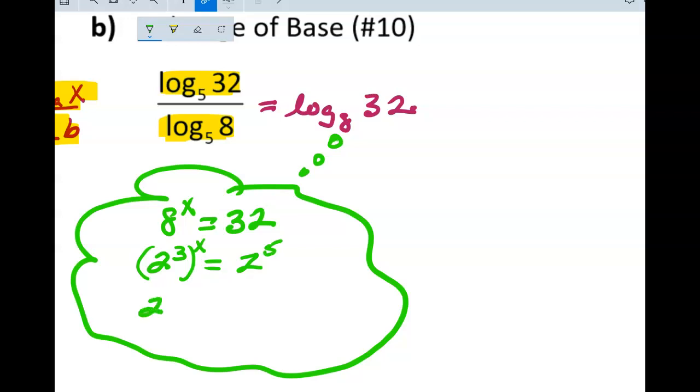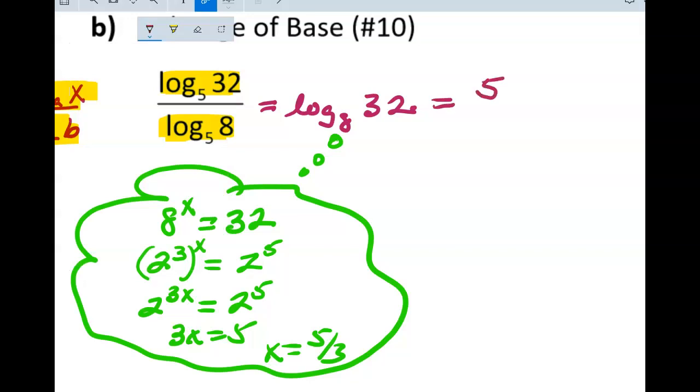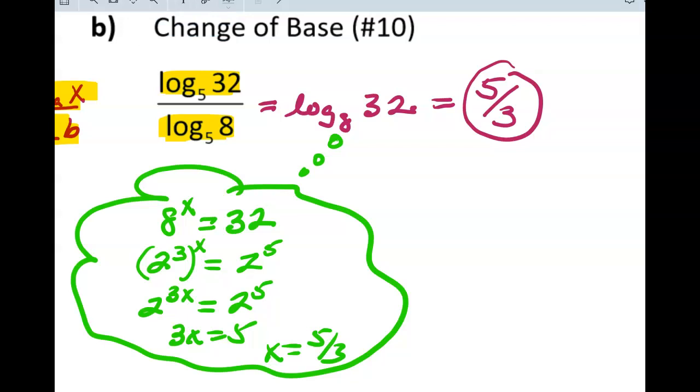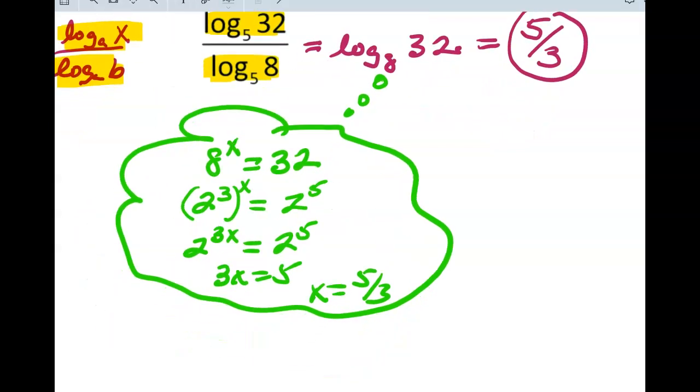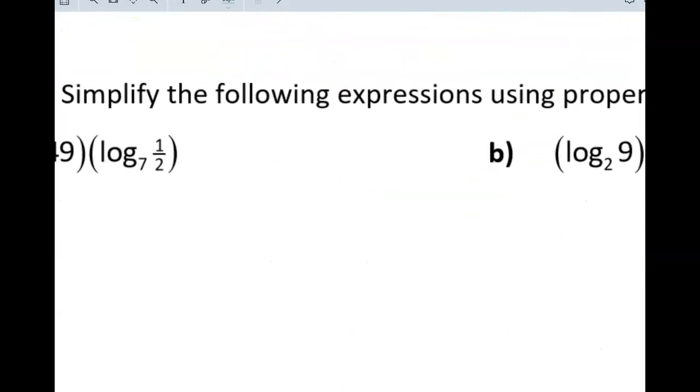When you raise a power to a power, you multiply those exponents. And now we can simply equate the exponents. So 3x is equal to 5, and x is equal to 5/3. So the log base 8 of 32 is 5/3, and that's the same answer that we got when we used the other properties. So you have several different techniques that you can use.